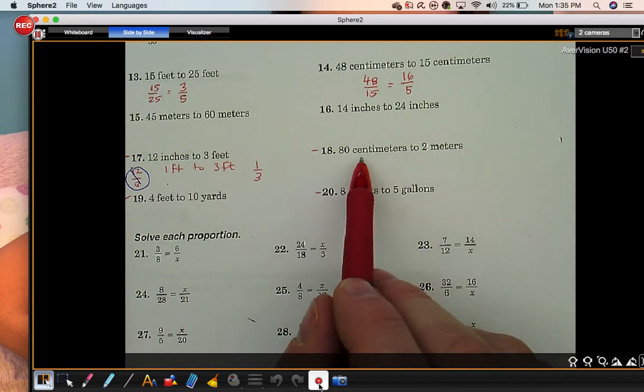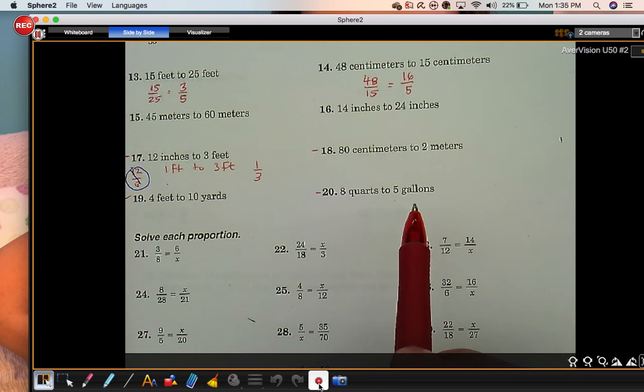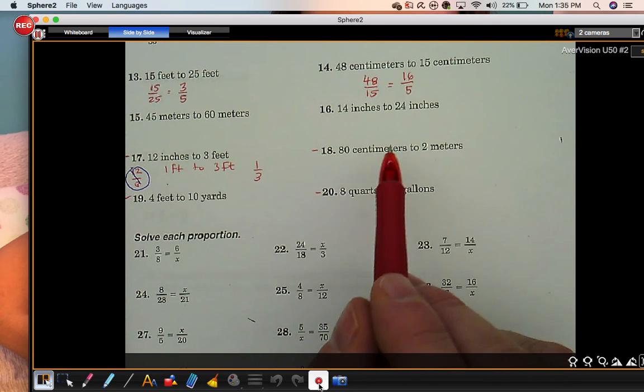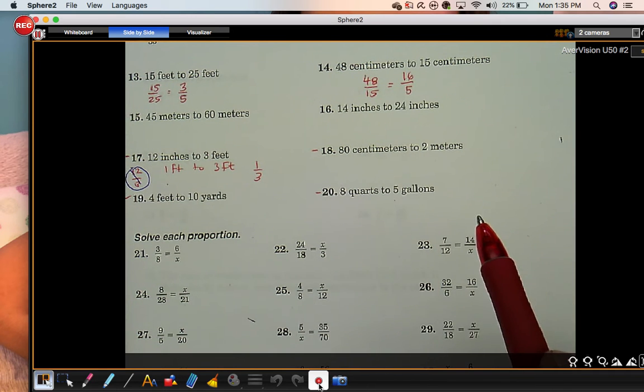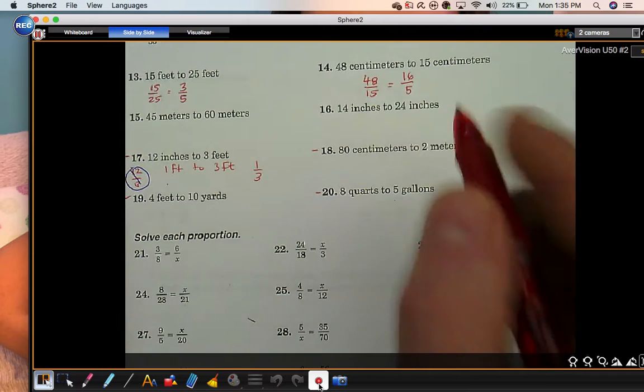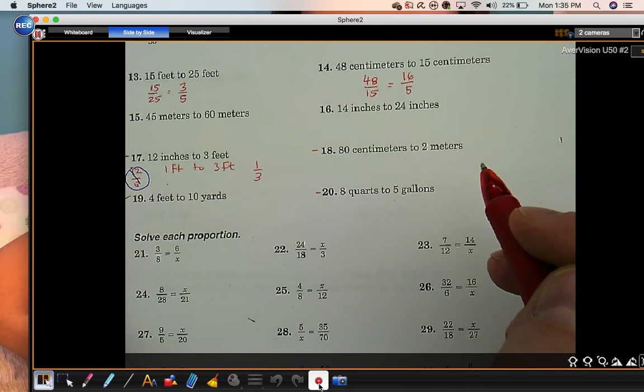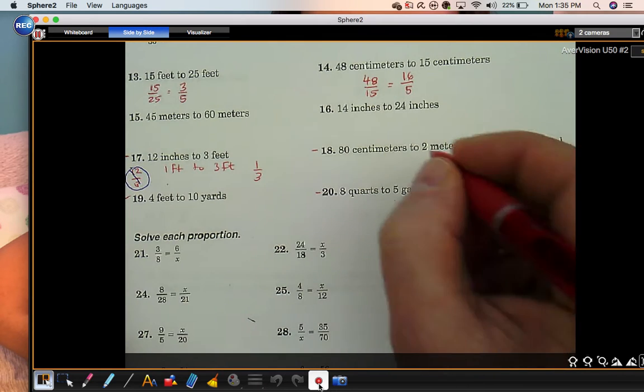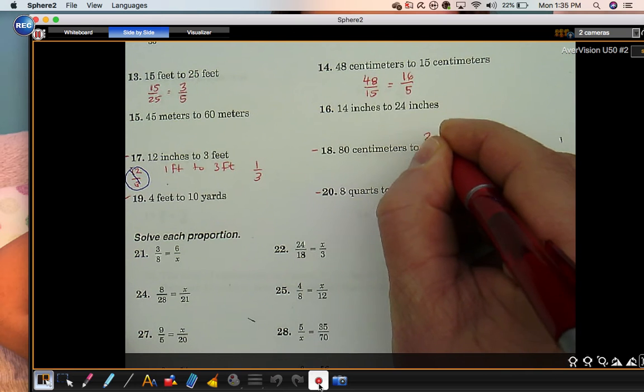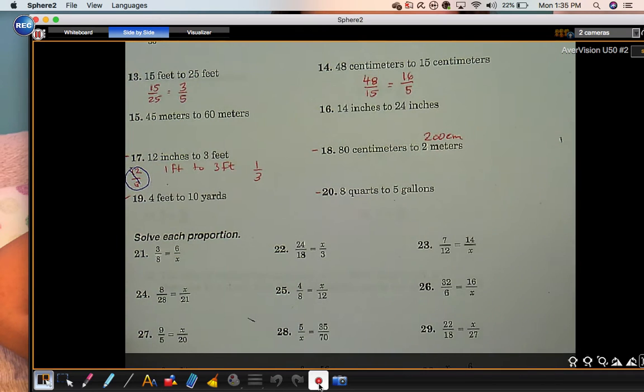Number 18, we're comparing centimeters to meters. How many centimeters are in a meter? If you're not sure, you can definitely ask your phone. Your phone will tell you. There are 100 centimeters in a meter. So in 2 meters, there's actually 200 centimeters.